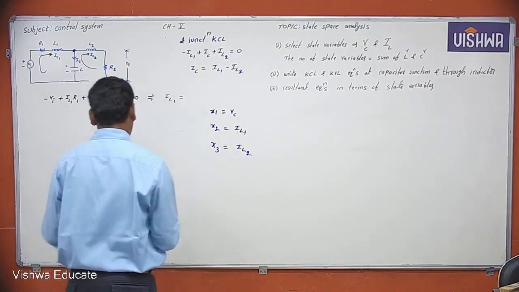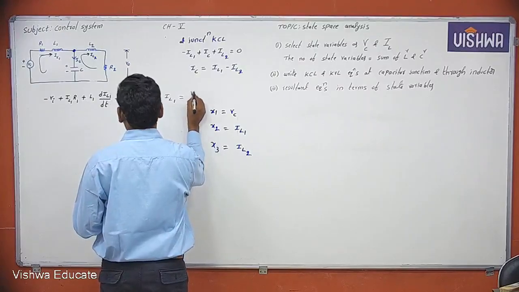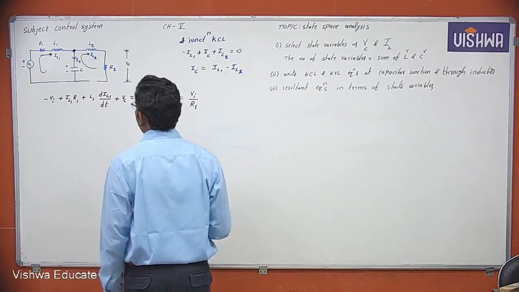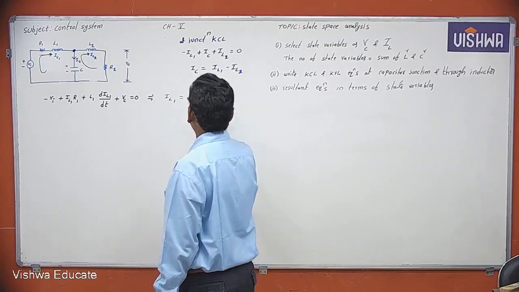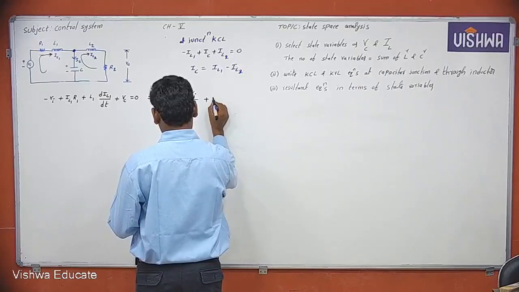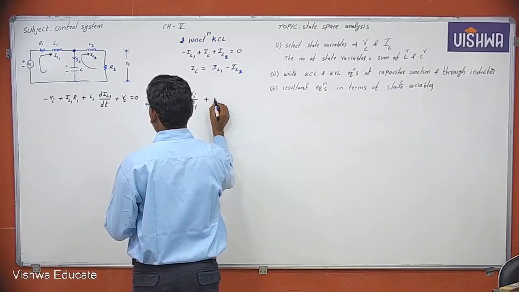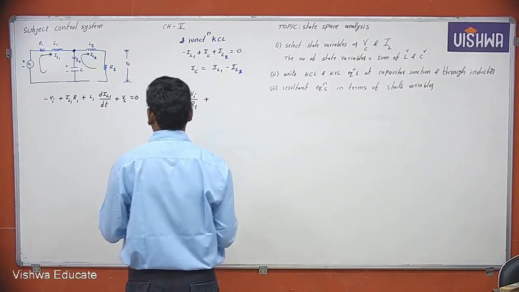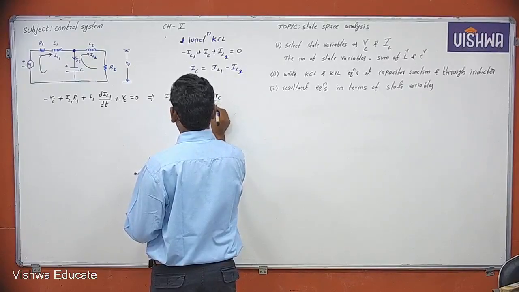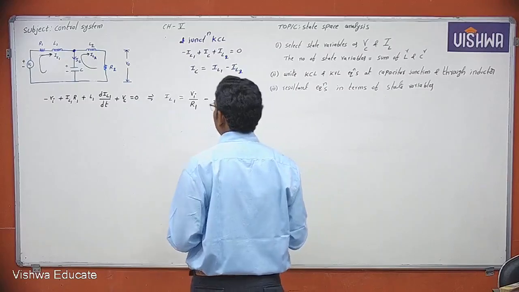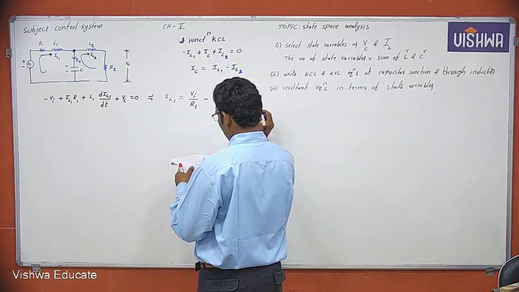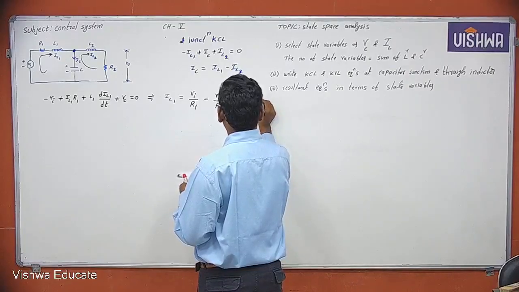IL1 equals Vi by R1 minus Vc by R1, and minus L1 by R1 into IL1 dash. Okay.